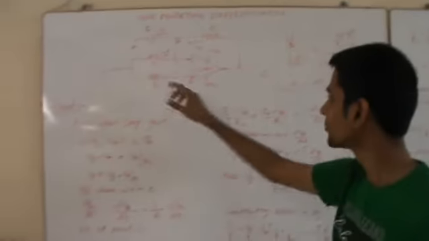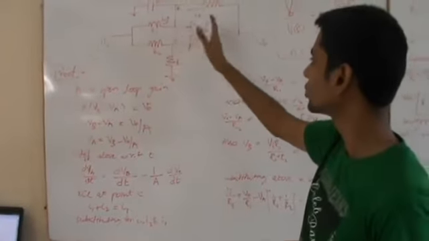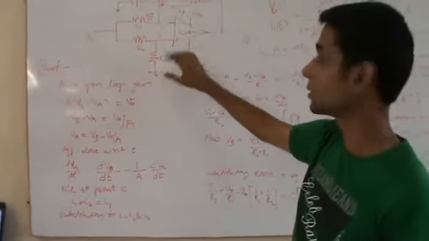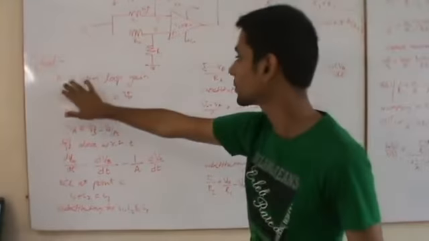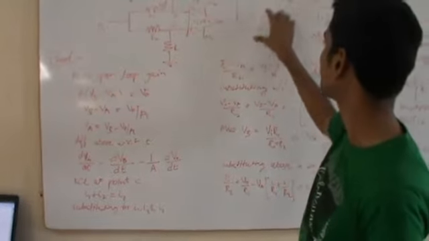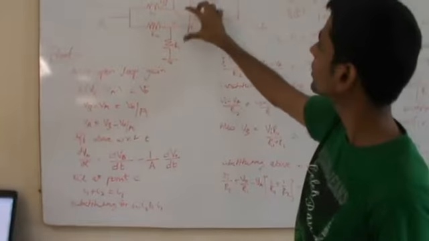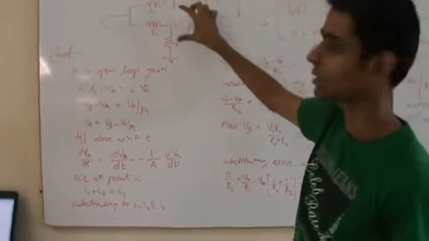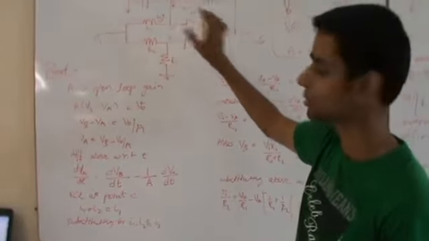So let's see. If A is the open loop gain or the differential gain of the op-amp, then A should be equal to the ratio of the output voltage and the difference in the input voltages at the two input terminals.